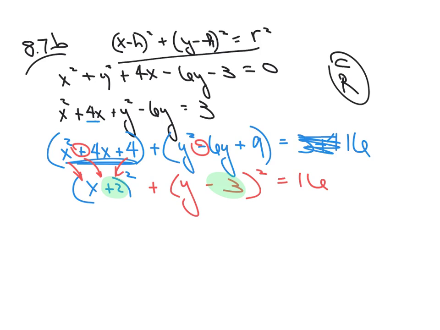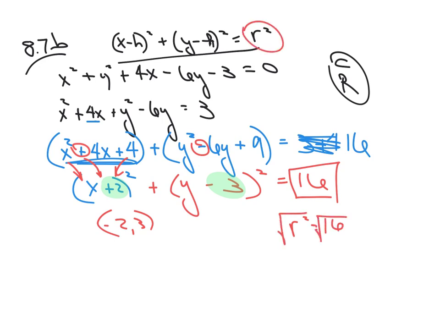So my center of the circle is going to be -2, 3. And my radius is going to be, because this is r squared, 16 is r squared. So to get rid of that exponent, we take the square root of both sides, so r equals 4. That ends up being my radius.